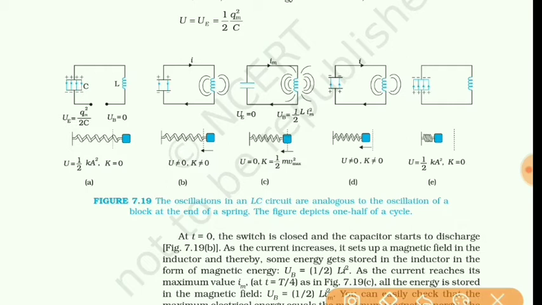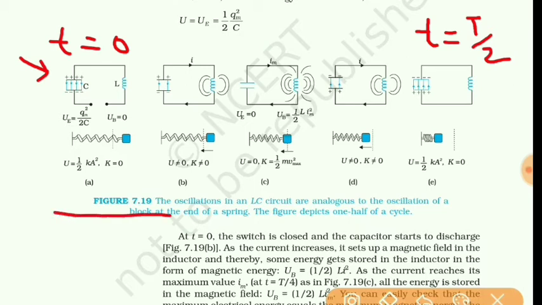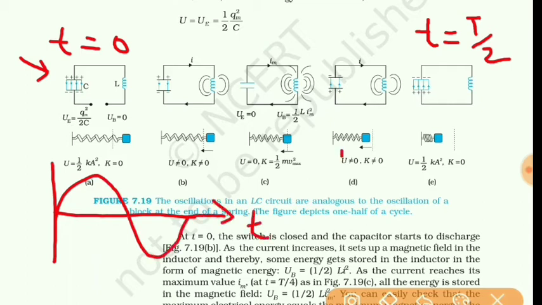Here the first figure is at time t equal to 0 when the charge on the capacitor is maximum, and this last figure is at time t equal to T by 2, that is half of the periodic time, that is for a half cycle. We know that for one complete cycle we have this type of graph, but here this is for a half cycle.